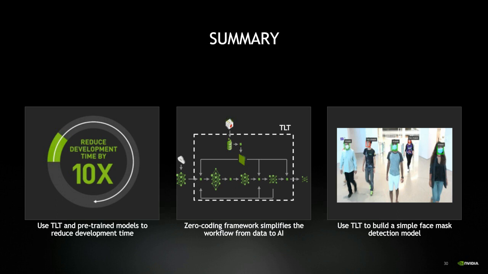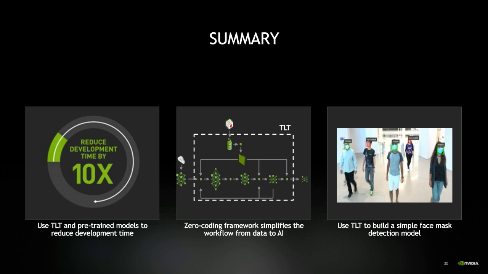TLT is a zero-coding framework which simplifies the process of getting started with creating vision-based AI applications. TLT operates on a spec file to configure things like your dataset, pre-trained model, training hyperparameters, etc. The Getting Started guide provides detailed information on all the steps and options.